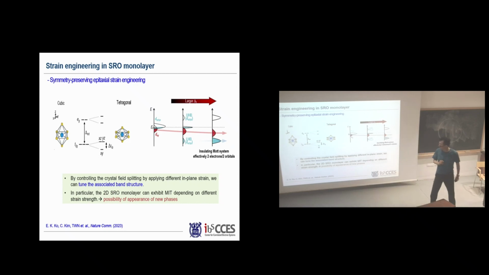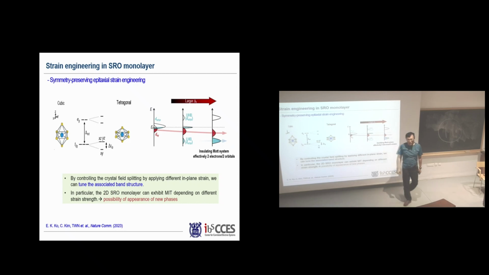So this is the schematic diagram in terms of the band picture. Originally it looks like this, but if you enlarge the crystal field splitting in here, then xy becomes completely filled, so it becomes an insulator, a band insulator. But the rest, you will have a band near the Fermi surface. The U starts to play a very important role, so it's still an incoherent band like this.